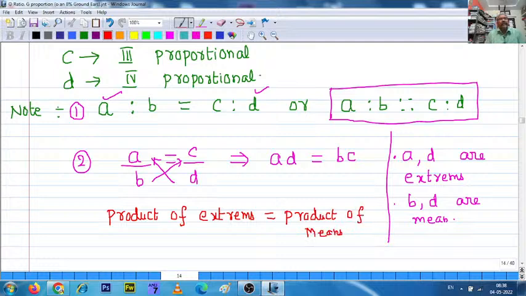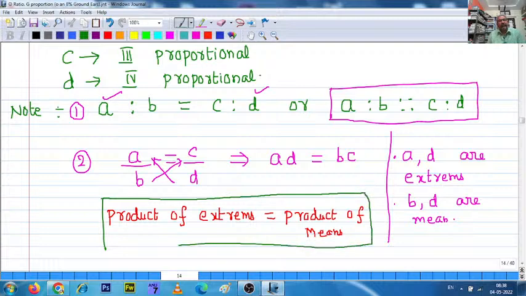So a proportion follows this property, which is called the cross product property of proportion.